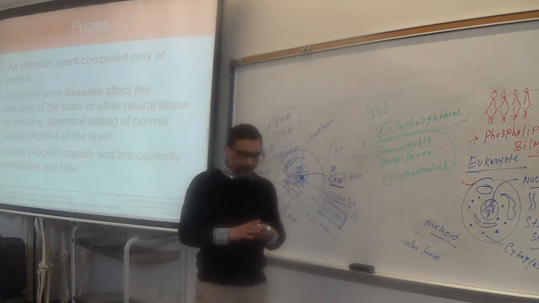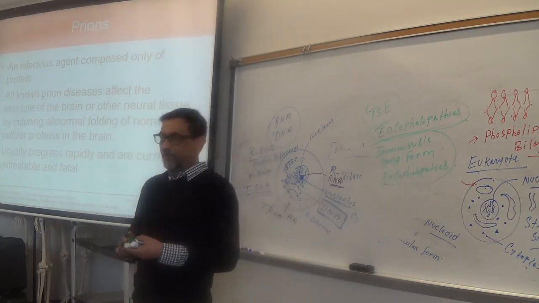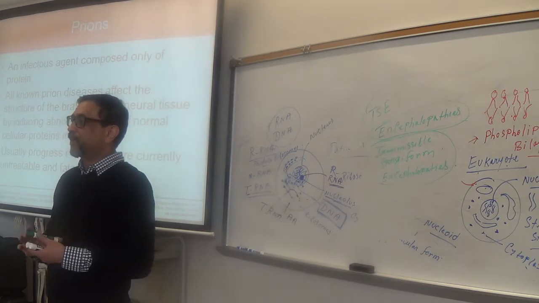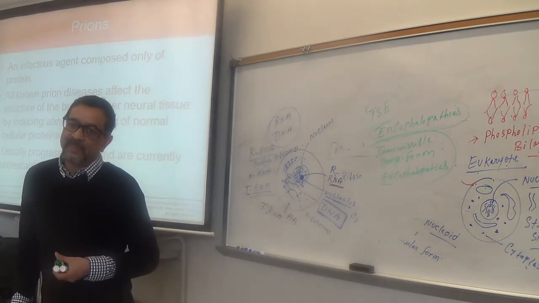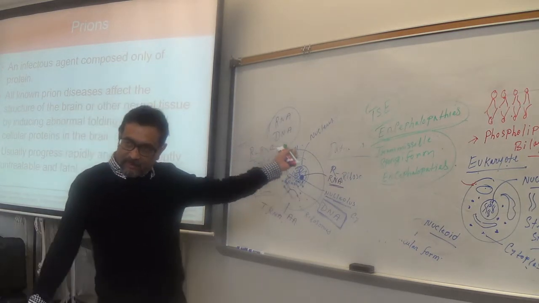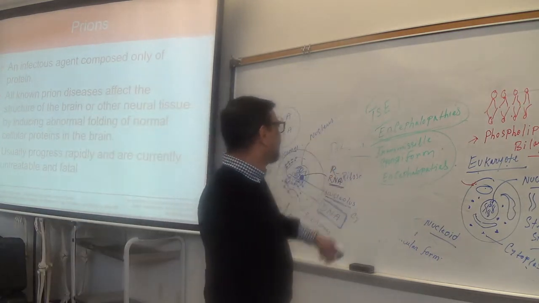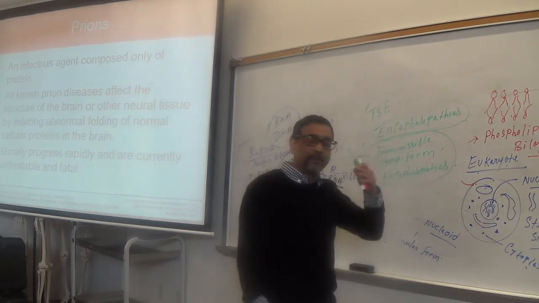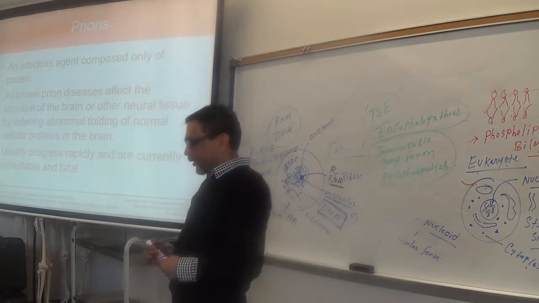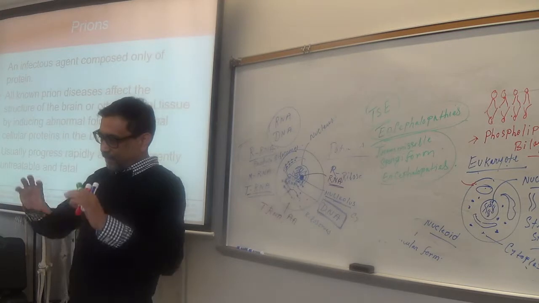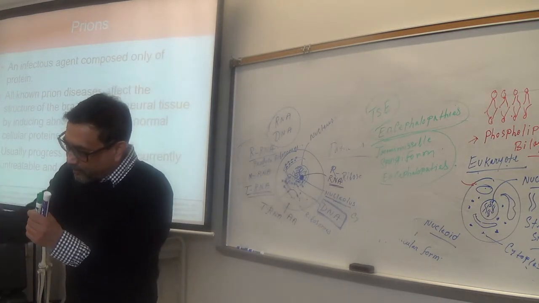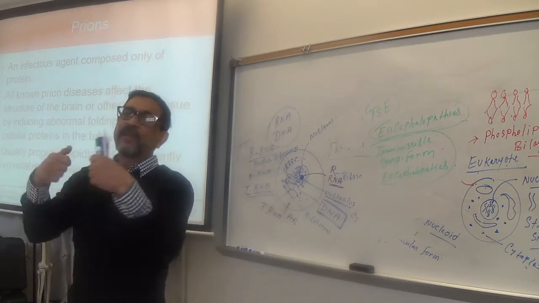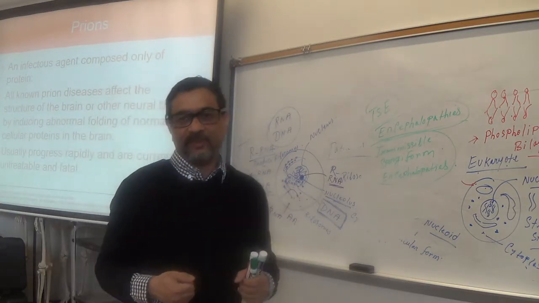Now, one common one of this, probably you have heard: mad cow disease. This is one of the TSE caused by prions. Prions, as I said, are abnormally folded proteins, and they can also change normal proteins and make them prions.